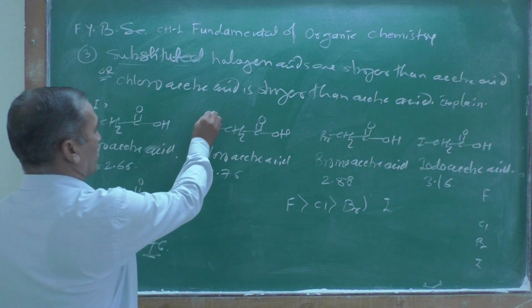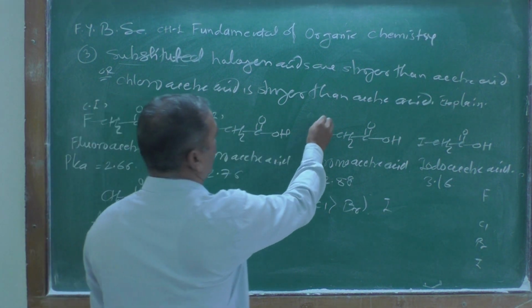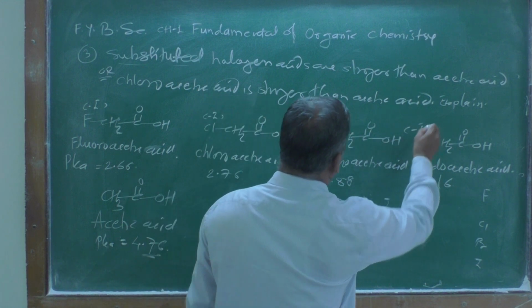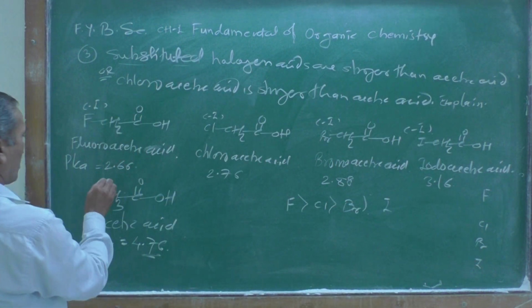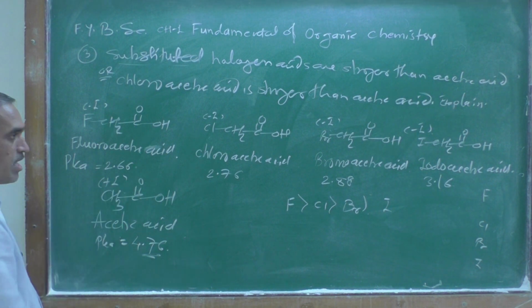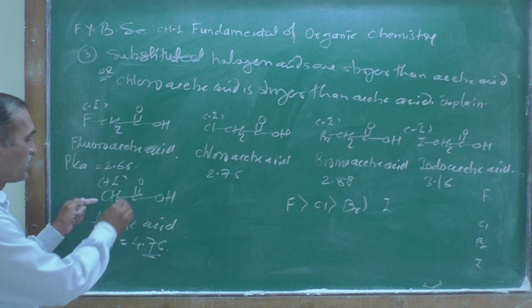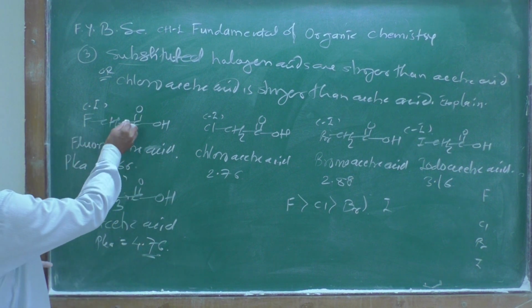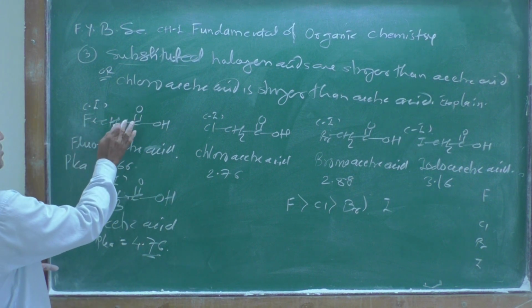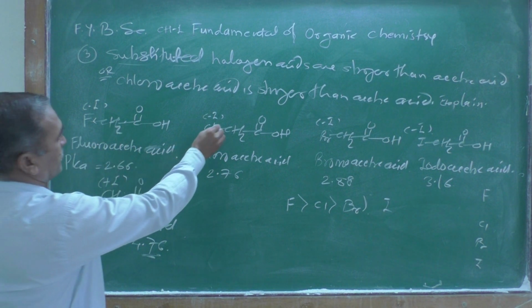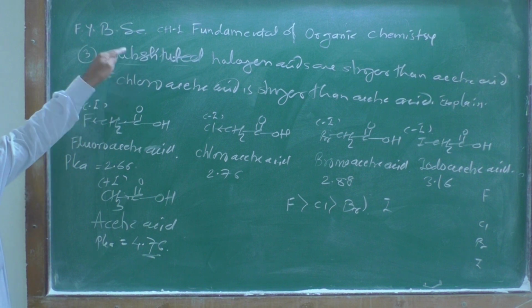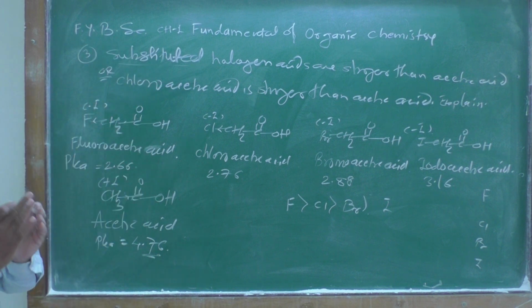Here also a minus I inductive effect, here also a minus I inductive effect, but here the methyl group exerts the plus I inductive effect. The plus I inductive effect decreases the acidity, whereas the minus I inductive effect increases the acidity. Due to this reason, substituted halogen acids are stronger than acetic acid.